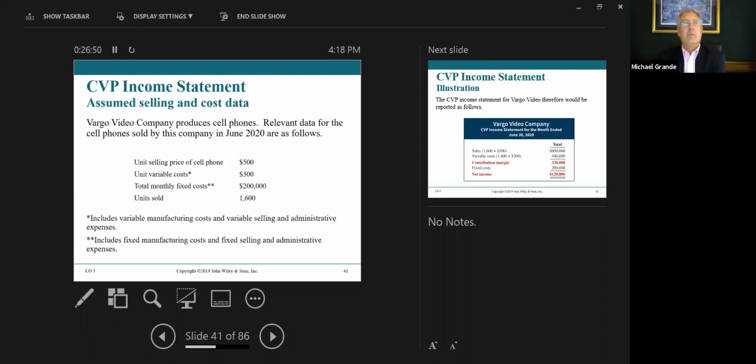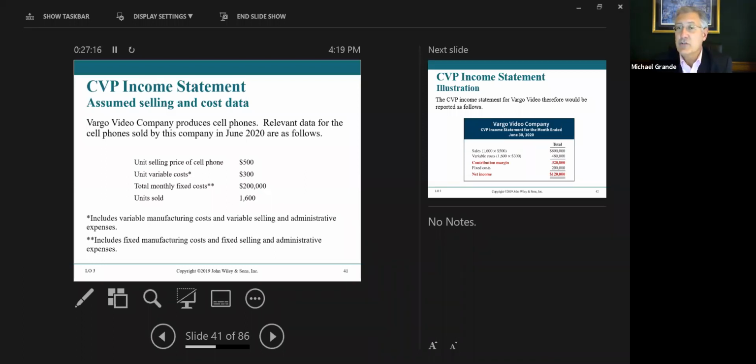So here's an example. Vargo Video Company produces cell phones. Relevant data for the cell phones sold by this company in June 2020 are as follows. Selling price per unit, $500. Variable cost per unit, $300. Total fixed costs, $200,000, and they're going to sell 1,600 units.